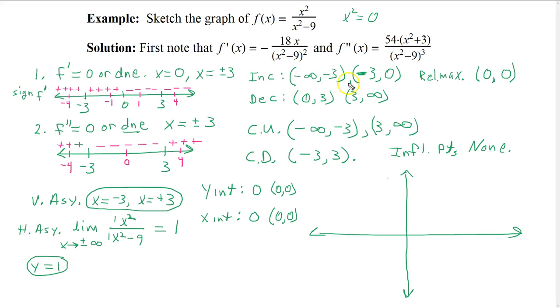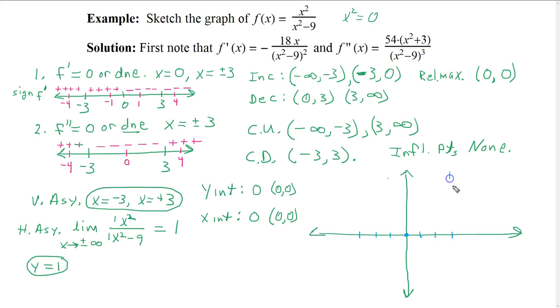So let's notice all of our information up here. We've got a relative maximum at 0, 0. Let's plot that right here. We have vertical asymptotes at plus and minus 3. Let's sketch those. So let's say 1, 2, -3, 1, 2, -3.